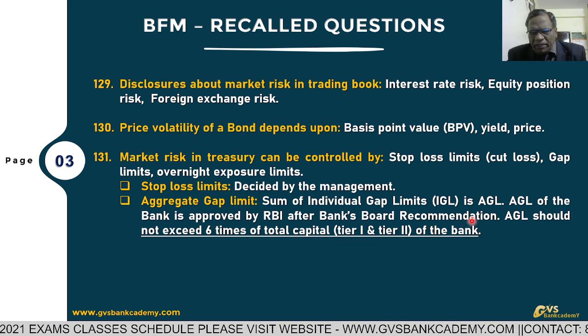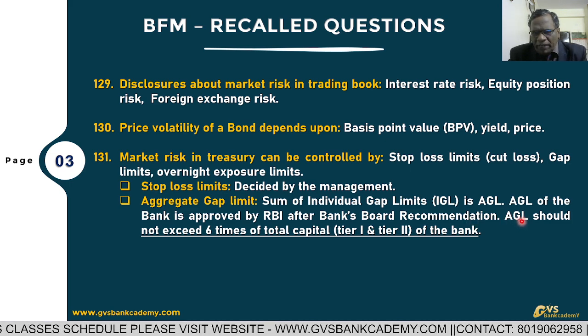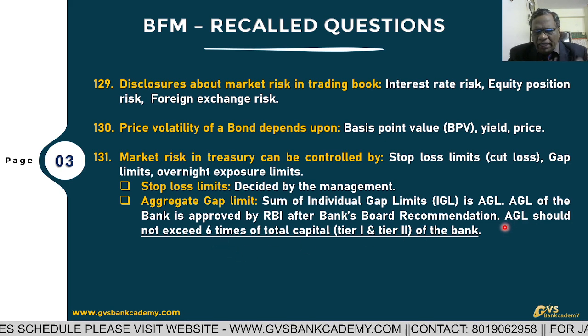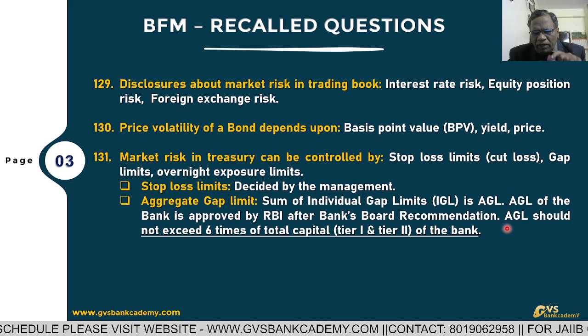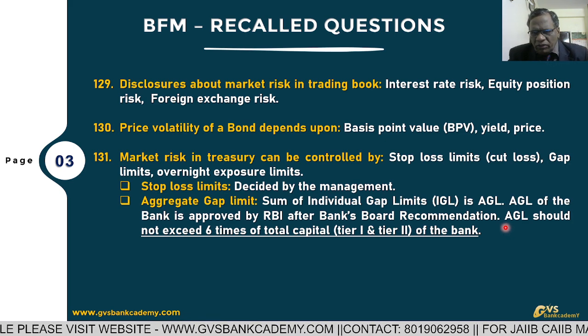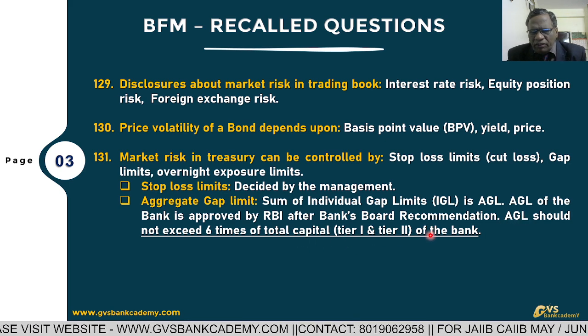So any bank operating in India, whatever the aggregate gap limit, either short portion or long portion without netting, you have to calculate it, and that should not exceed 6 times of Tier 1 and Tier 2 capital.